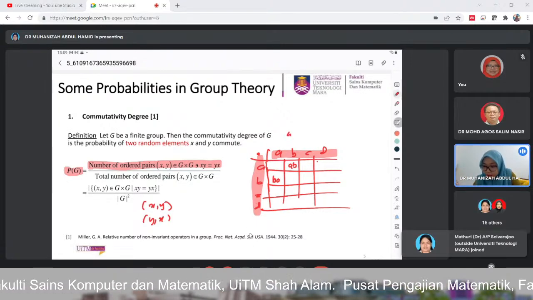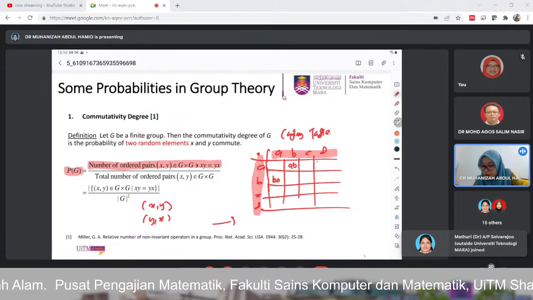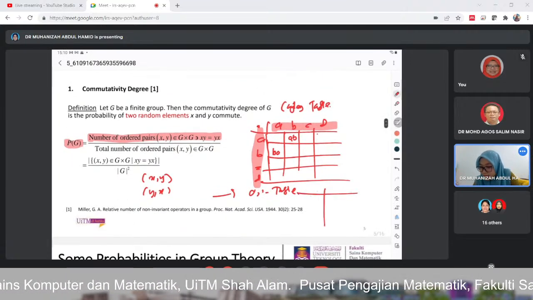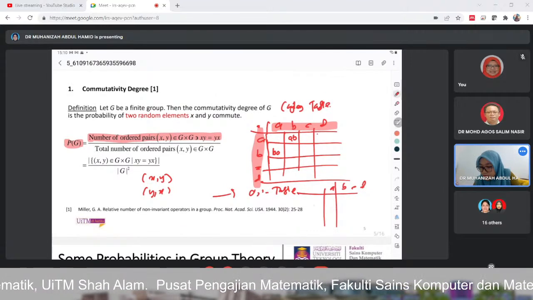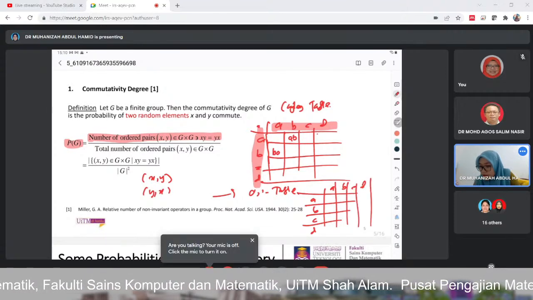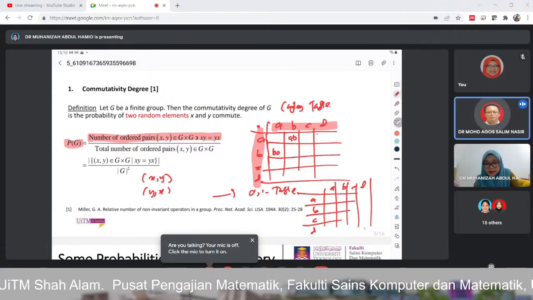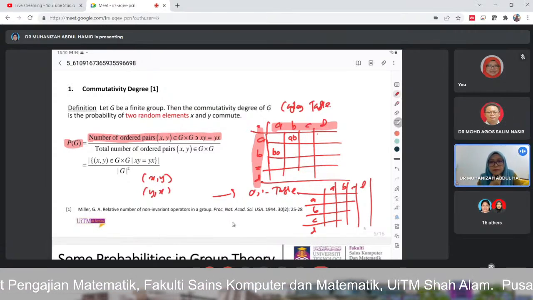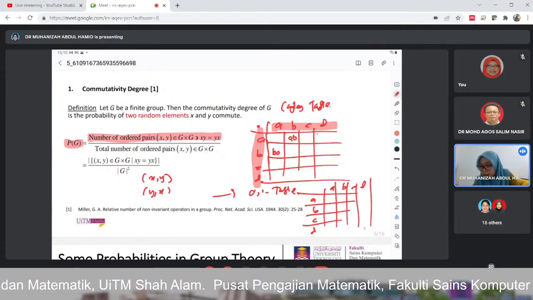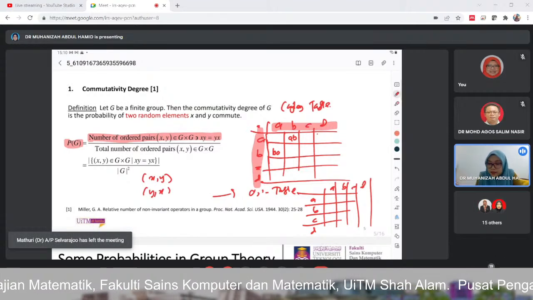So from this Cayley table, we transform to a 0-1 table, and we replace with the number 1 in these two boxes if they commute, meaning AB equals BA.